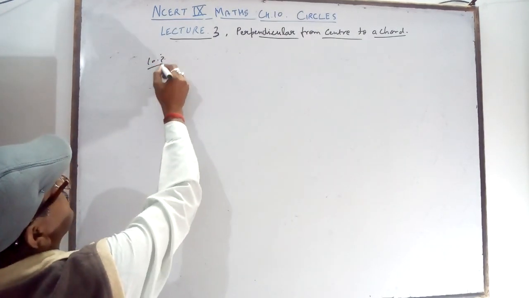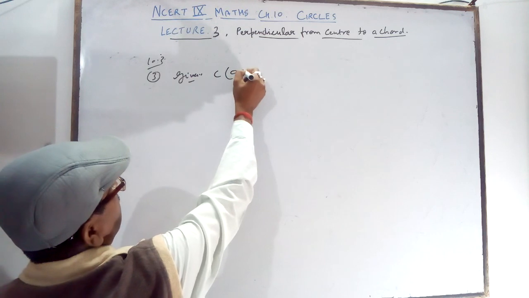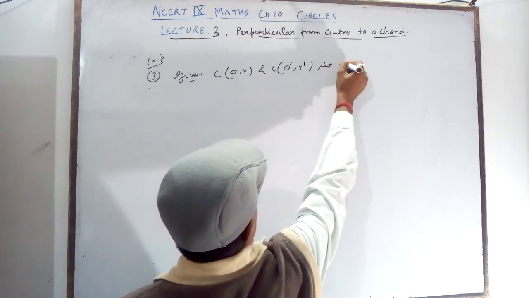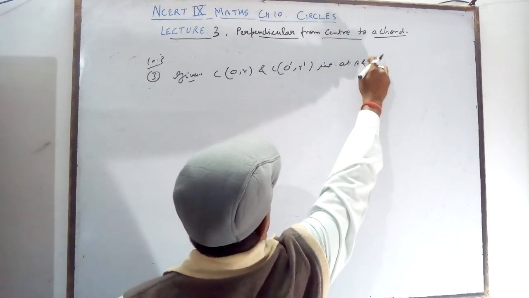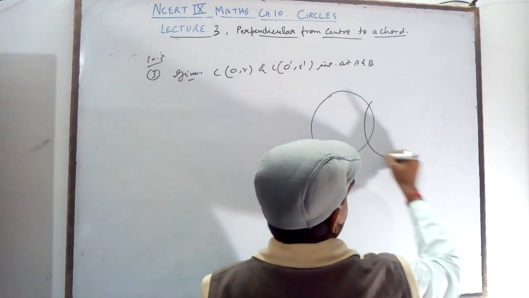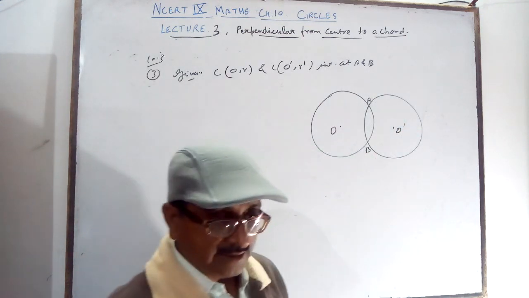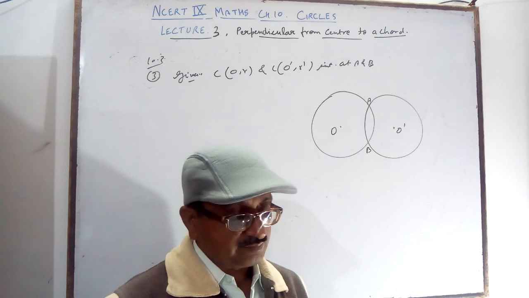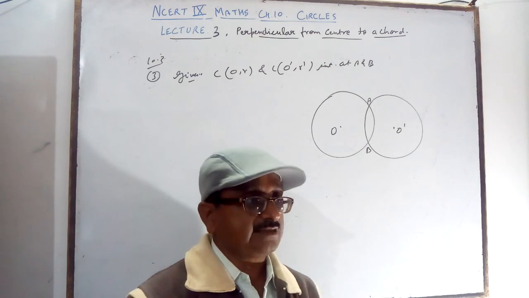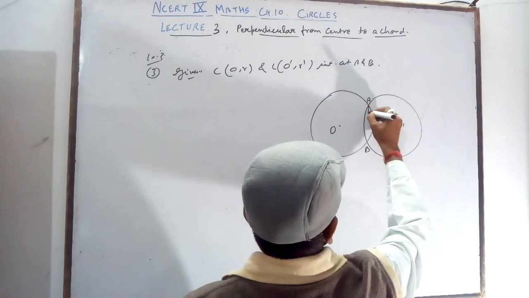Two circles with centers O and O dash intersect at A and B. Then prove that their centers lie on the perpendicular bisector of the common chord. So AB is a common chord.